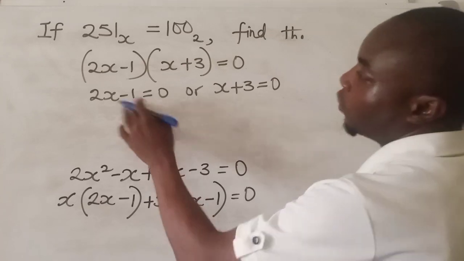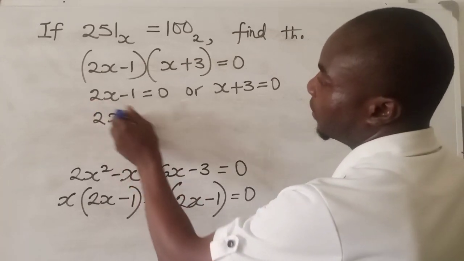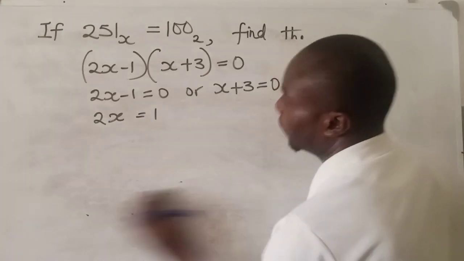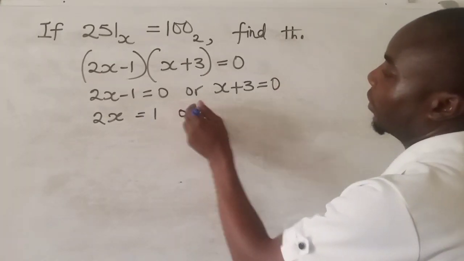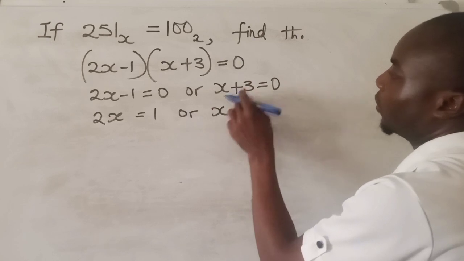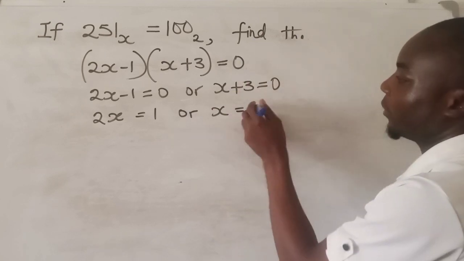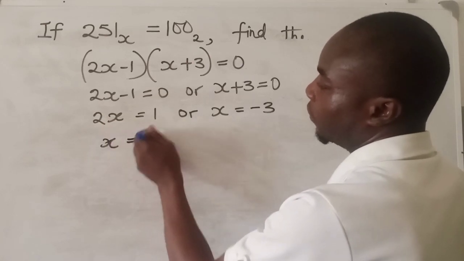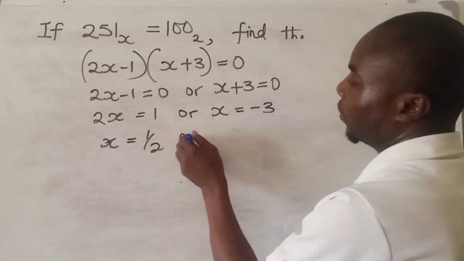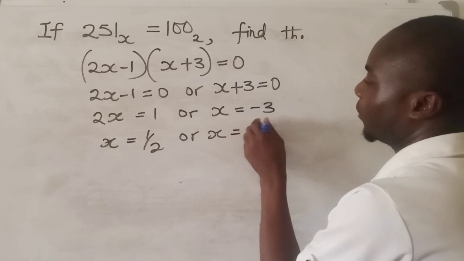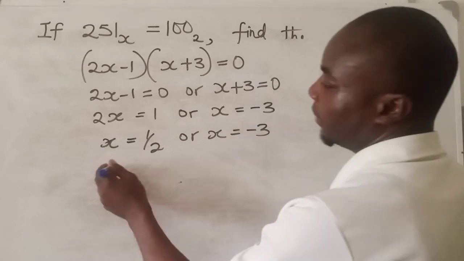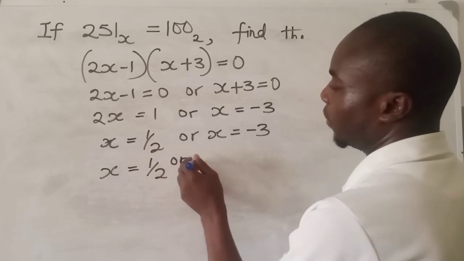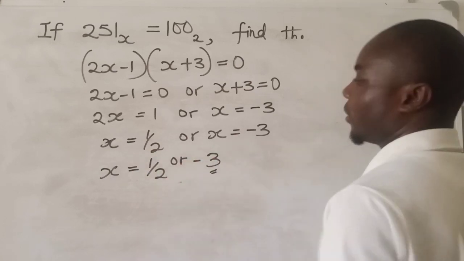We can now collect like terms by saying 2x is equal to 1, or x is equal to minus 3, as 3 crosses to this side and becomes minus 3. So x is equal to 1 over 2, or x is equal to minus 3. So the values of x are 1 over 2 or minus 3.